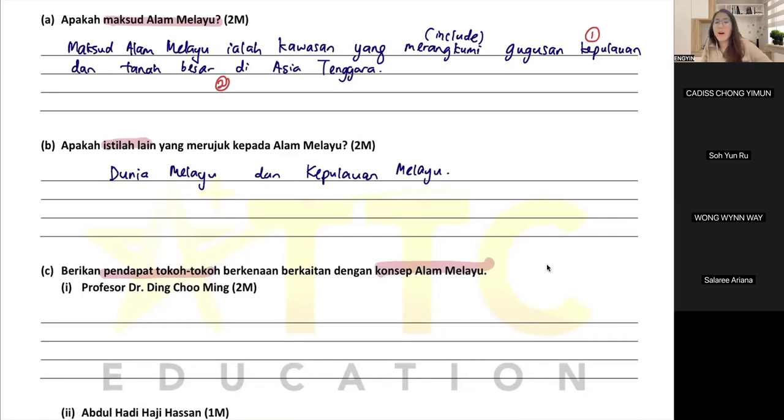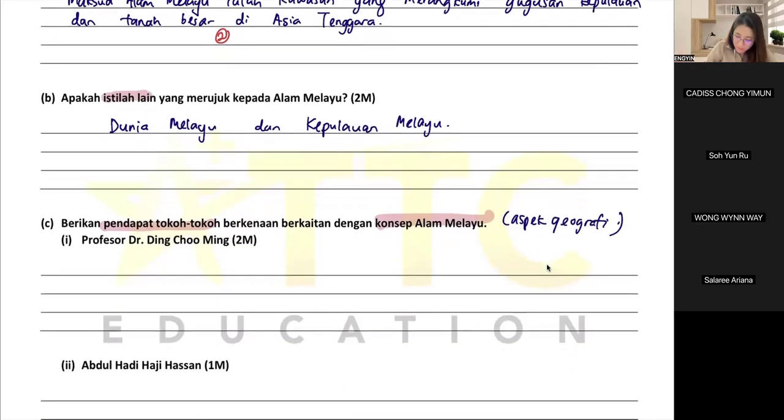So remember, all these professors are related to the aspect of geography. The only one for BM, the language bahasa, we only got 1 professor. The rest of all these professors are talking about geography. Means you need to give me the location, the country.